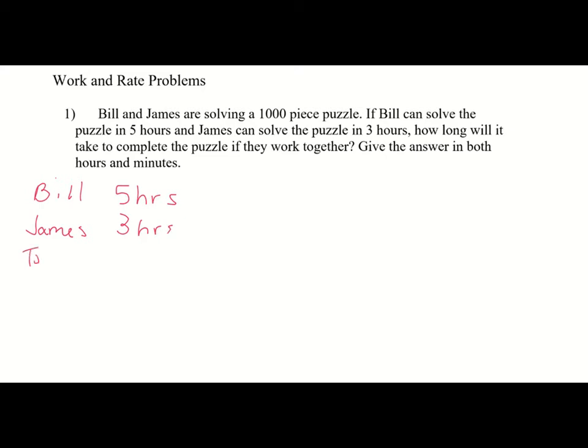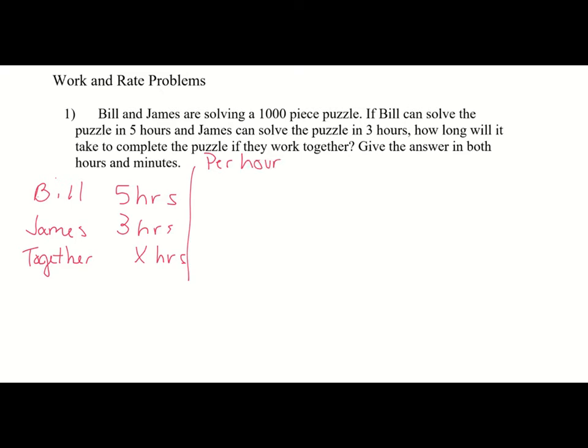So together, we don't know how long it is, but we know it will take X hours. Give the answer in both hours and minutes. So to solve this, we have 5 hours, we have 3 hours, and X hours. What we really want to do is look at this as the time per hour. So it takes Bill a total amount of 5 hours, but how much of the puzzle can they do per hour?